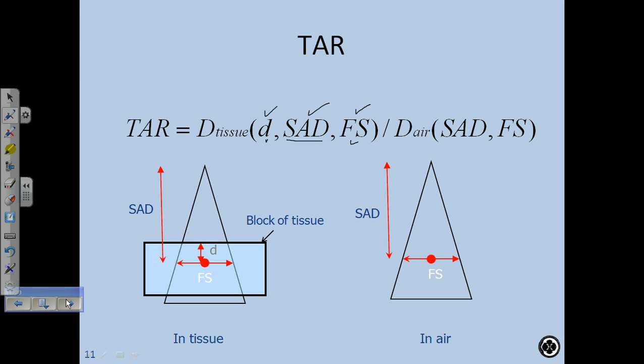Now, for dose in air we can forget D, because there's no depth in air. For the same SAD, this distance and this distance have to be the same when you're calculating TAR. And it also depends on field size in air. So for TAR, you take a chamber, take a reading here, then with the same chamber, get rid of the phantom, keep the same distance from chamber to source, and take a reading in air. That's TAR.